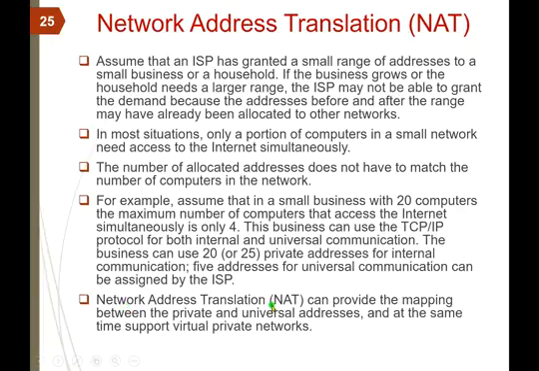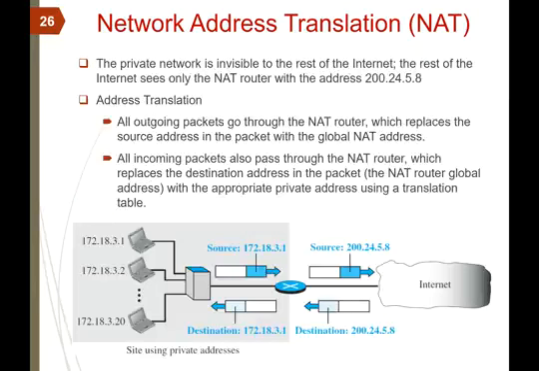Network address translation, or NAT, can provide the mapping between the private and the public. The private addresses cannot access the internet; they will be dropped. So these public IPs will convert the private address into a public IP that is routable and can go over the internet. This process is called NAT.